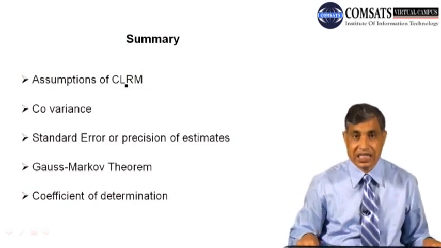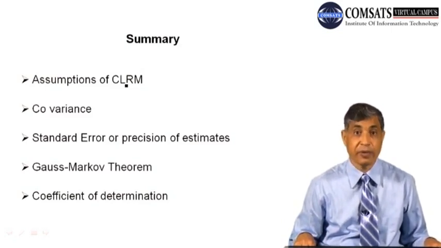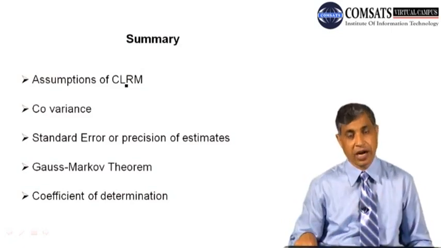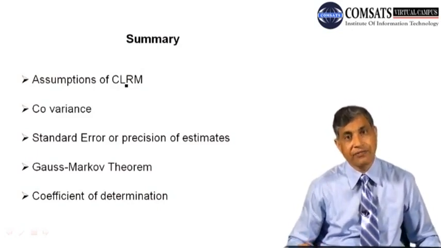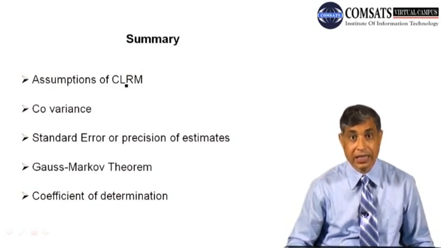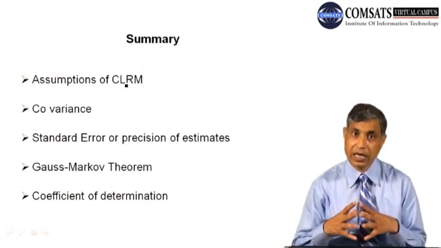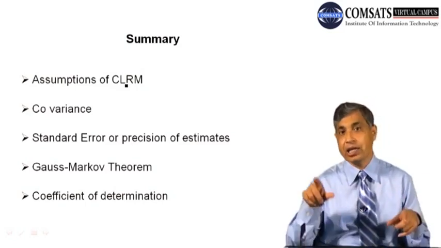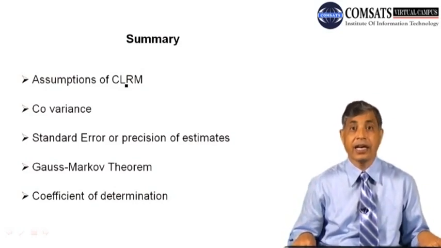And there was a very interesting formula that the covariation between beta 1 and beta 2 is equal to minus x bar into variance of beta 2 hat. What this means is that now the total role lies with the x bar, because the variance of beta 2 hat will become a positive number, because the variance of any number is positive most of the time. And if the x bar is positive, it means the whole term will become negative, and it will link the covariation between the parameters, the intercept and the other parameter, negatively.